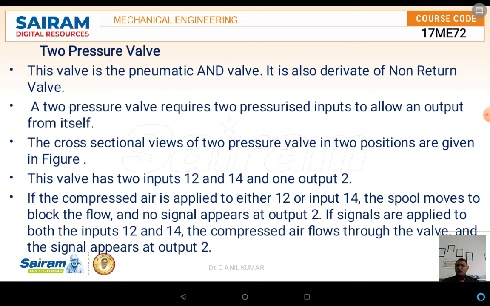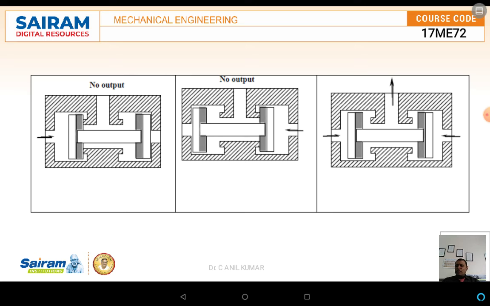The cross-sectional view of the two pressure valve, in two positions, is given in the sketch. In the very first one it consists of a spool. If the inlet pressure is pressurized, it blocks, and afterwards no output will be there.